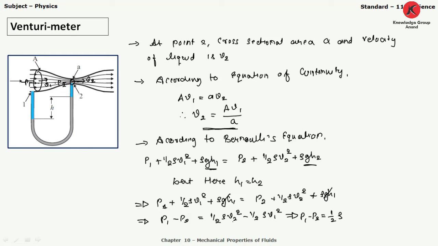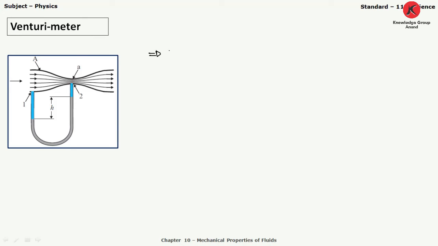So half rho into v2 square, where v2 is equal to A v1 divided by small a, so A square into v1 square divided by small a square, minus half rho v1 square, and finally we will get p1 minus p2 equal to half rho v1 square in bracket, (A by a) whole square minus 1.